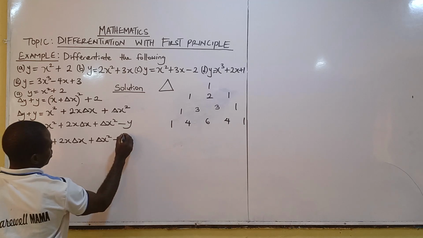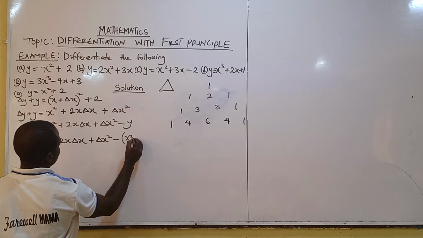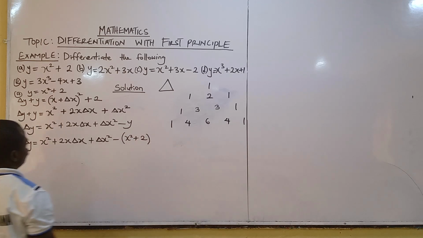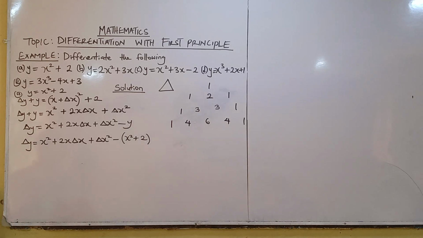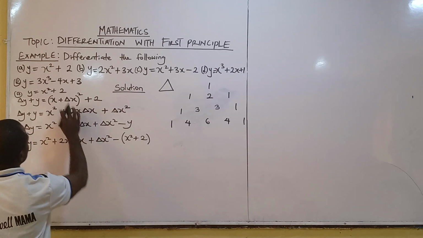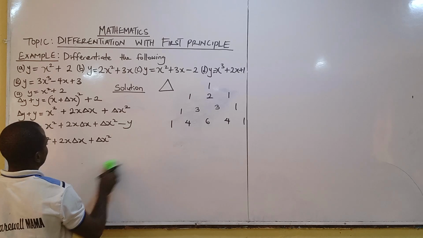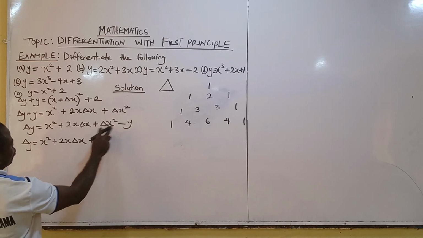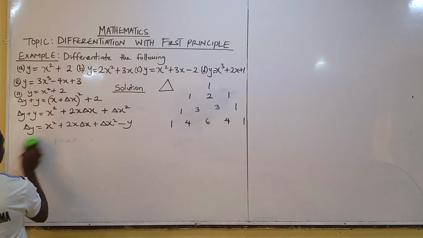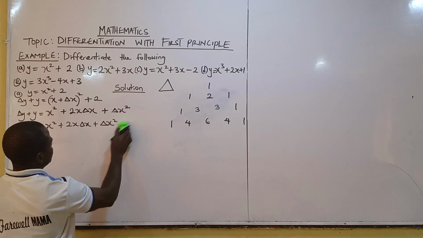Y is x squared plus 2. Okay, and don't forget that we have here, we have 2.